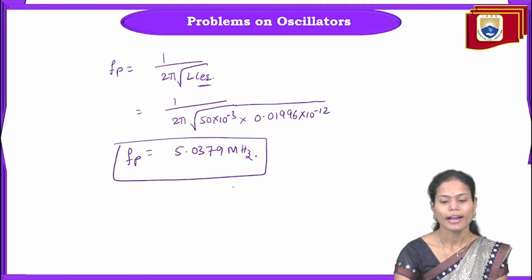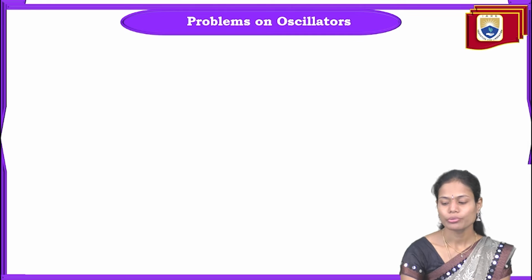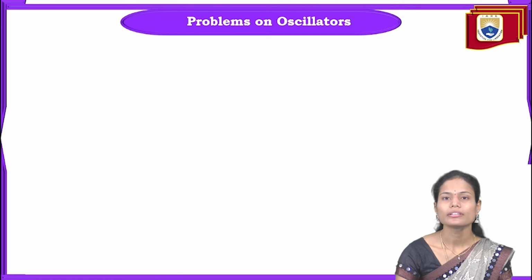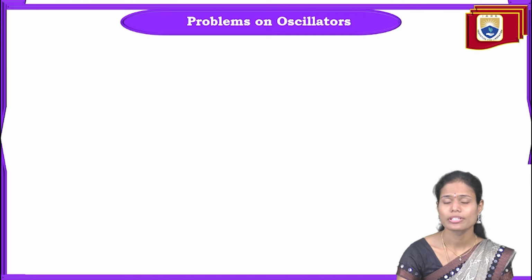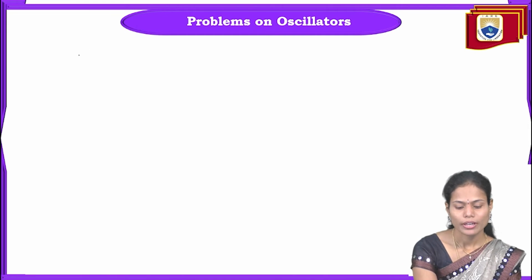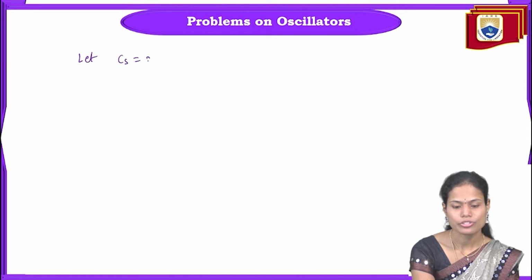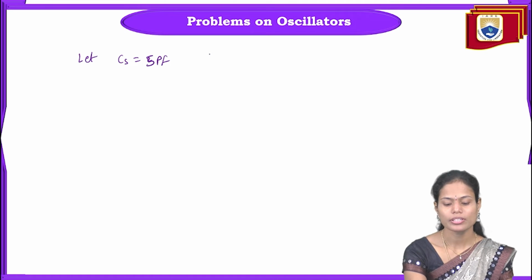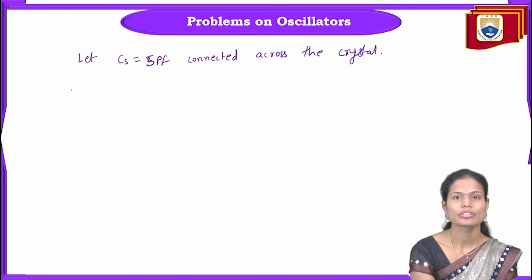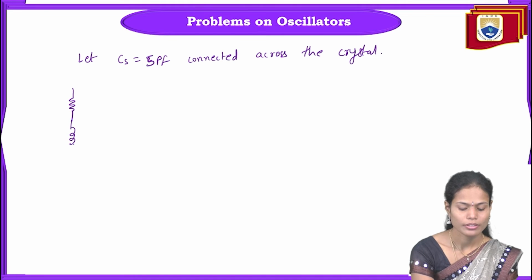And next, we need to calculate the different frequency values whenever the capacitor is changing from one value to another value. So for that purpose, I'm letting the series capacitance 5 picofarads connected across the crystal. That is, actually in the crystal we are having one resistance, inductance as well as the capacitor.